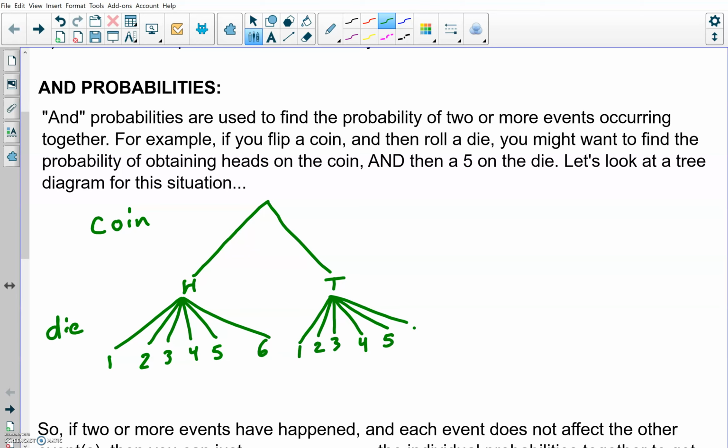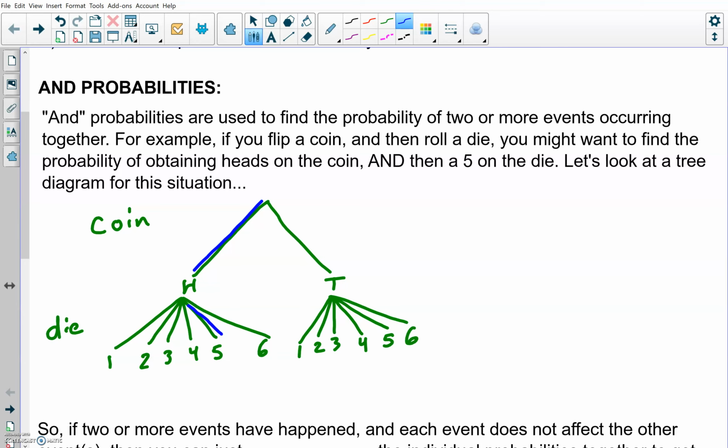So what we have to keep in mind, if I'm looking for the probability of a heads on the coin and a 5 on the die, that's really going to bring me down this path right here. So I have heads, then a 5.